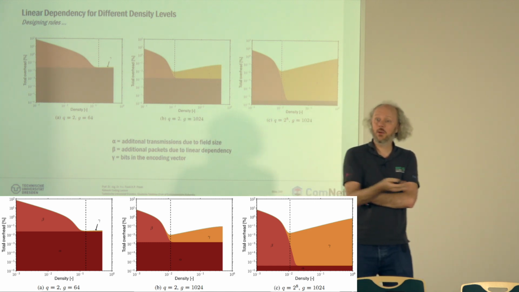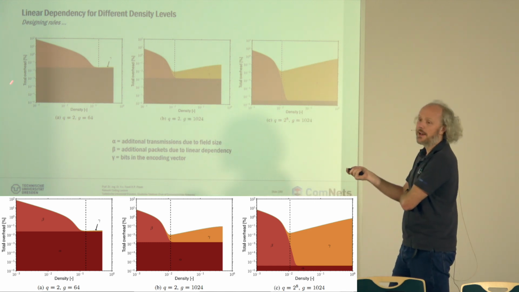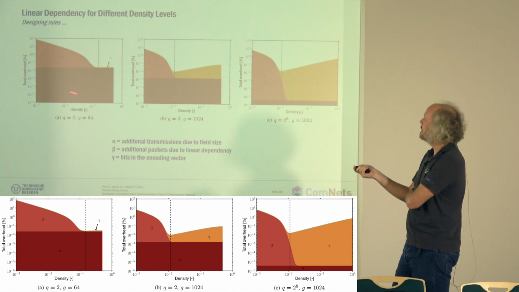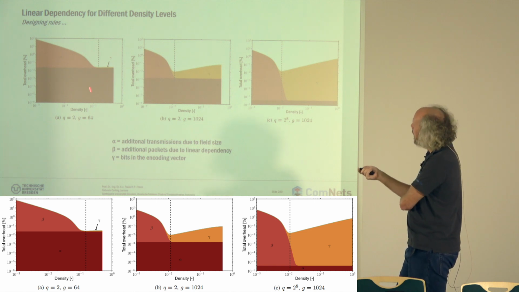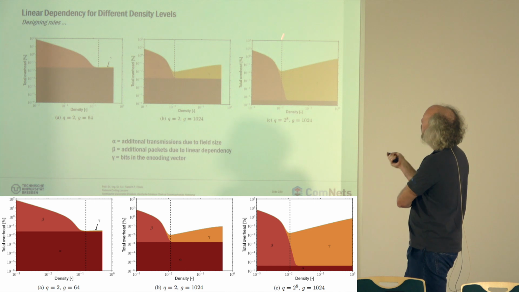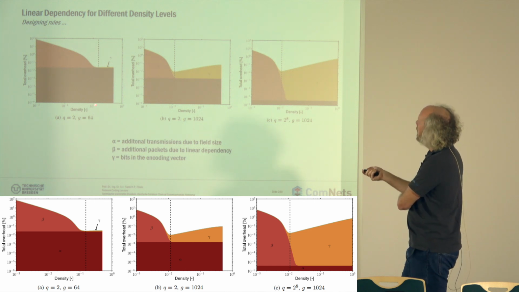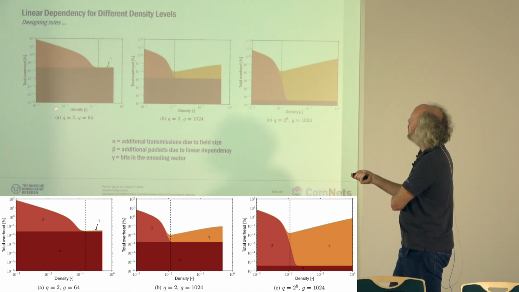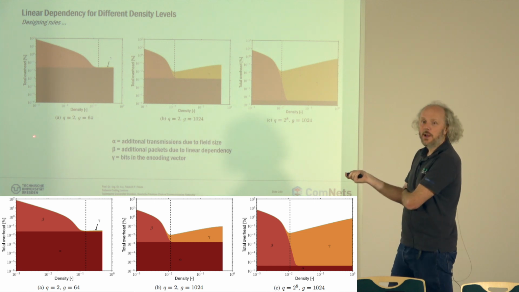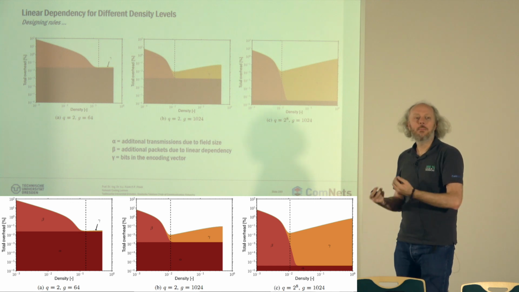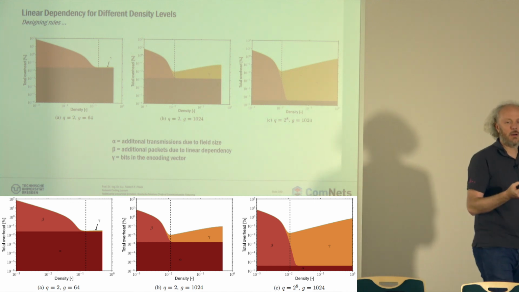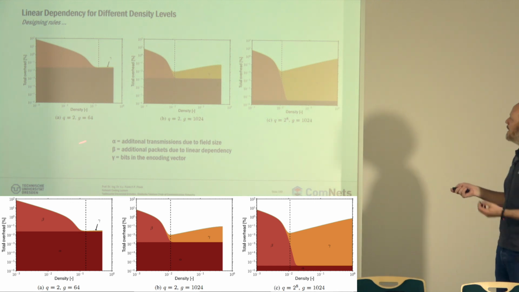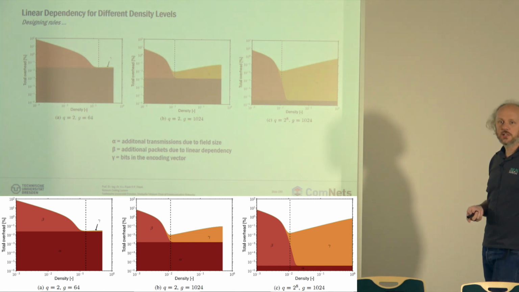You're making something good for the complexity, but the overhead is bad. Overhead will always tell you, yeah, maybe you should not do it. But look now at the density where the optimal point is. Between these two, they are more or less in the same area. Here, we have a 1 order of magnitude different density requirement. So the amount of density depends now on the combination of field size and also generation size.